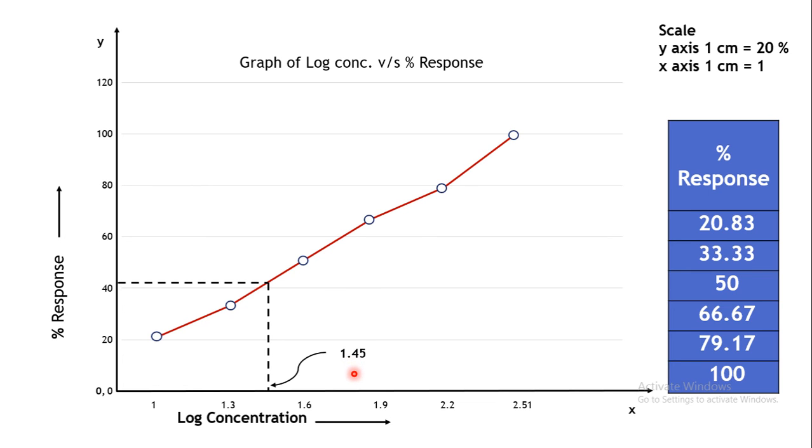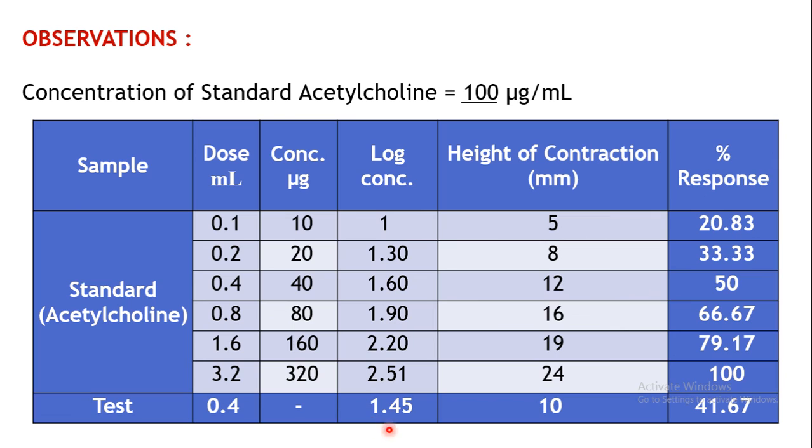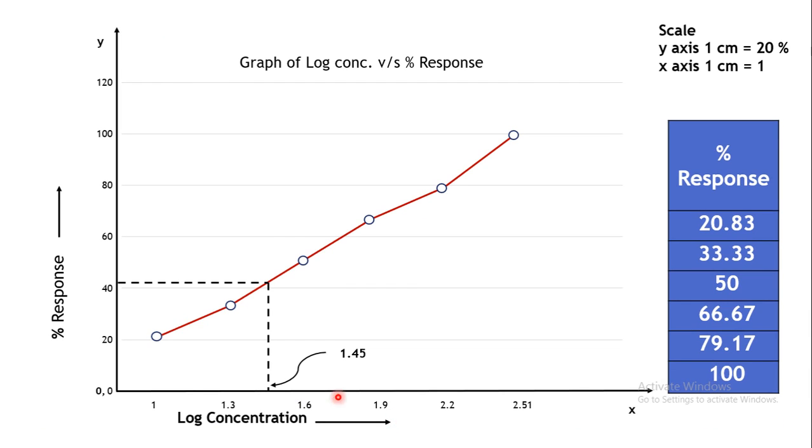It is found to be 1.45 in this case. This is what we have noted down over here. The concentration is unknown to us, so we have found the log concentration from the graph, because we know the height of contraction. By utilizing percent response, we have found out the log concentration of your test.